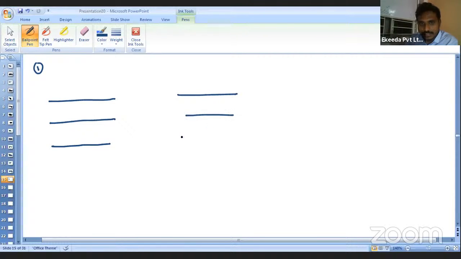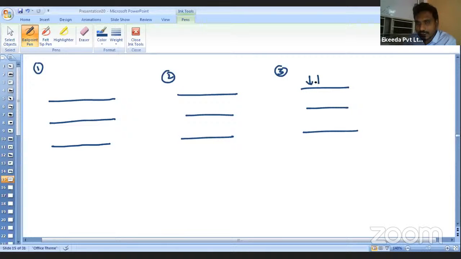And this is the second scenario, and this is the third scenario. In the third case, let us say that I am applying the external stress. Let us say it has a magnitude of q.